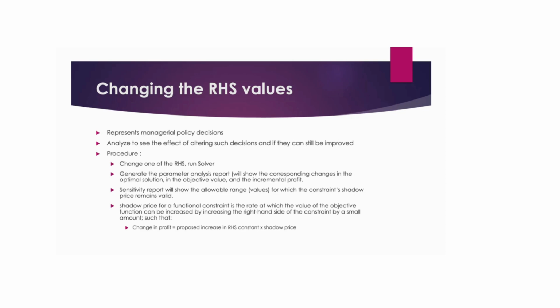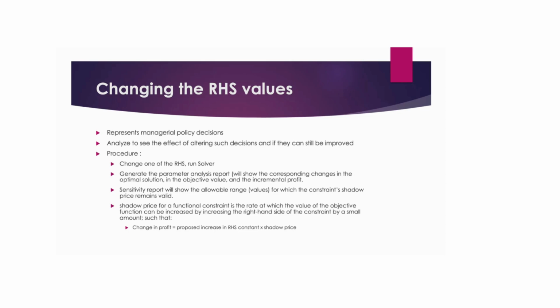So what I'm giving you actually is a summary of what we will find in this topic. And then there's also a sensitivity report, which will show the allowable range of values for which the constraint's shadow price remains valid.